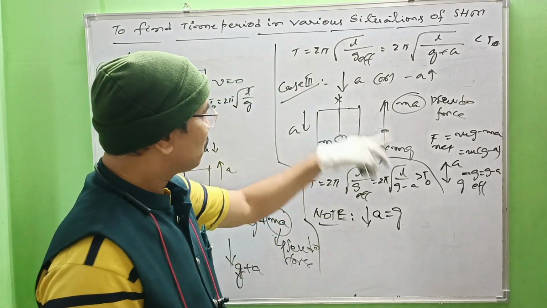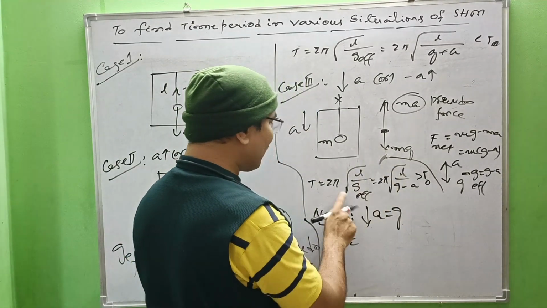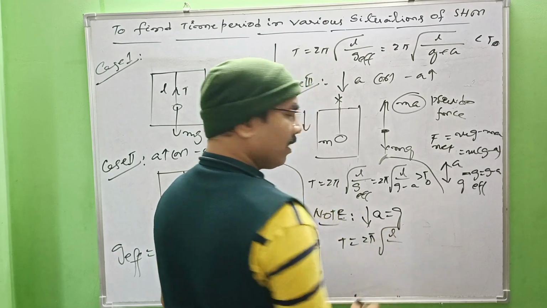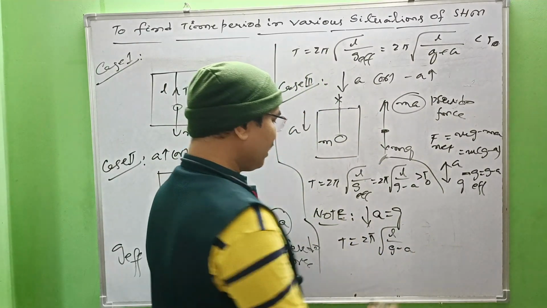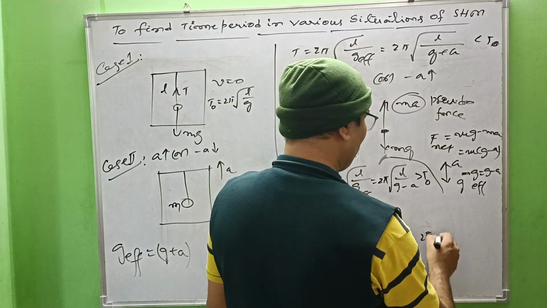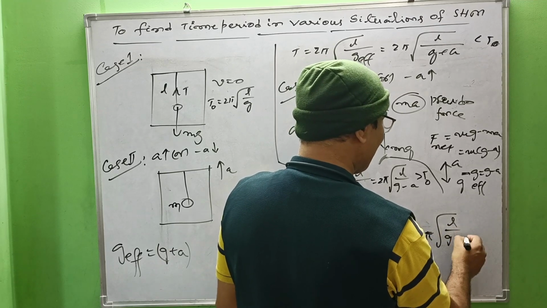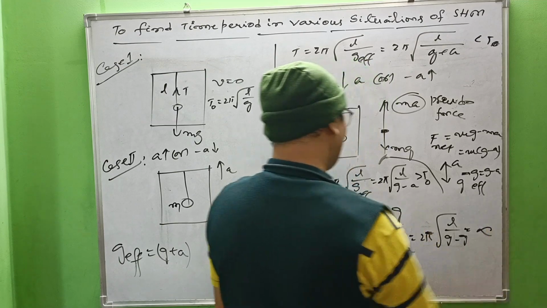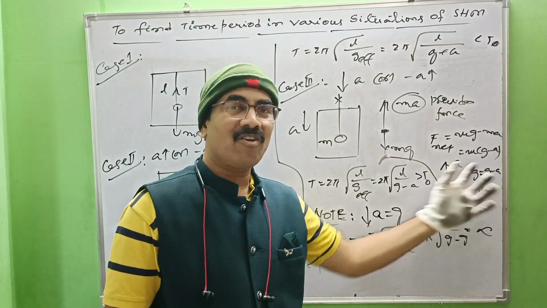In case of acceleration downwards, what is the valid expression? T equals 2 pi root over L by g minus a. G minus a is g minus g, that is 0, so L by 0 tends to infinity. So the time period equals infinity, in the sense it doesn't oscillate.